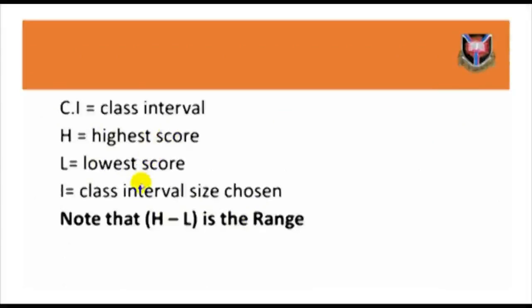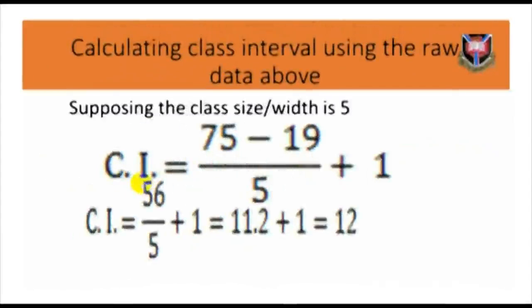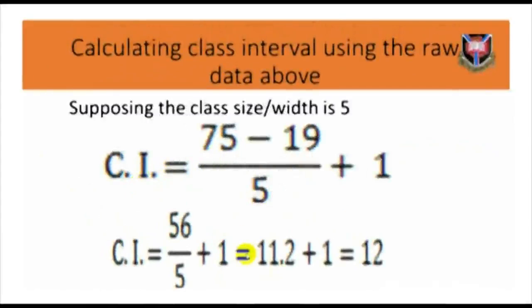For the case under study, we have Ci equals (75 minus 19) over 5, plus 1. That will give us 56 over 5 plus 1, which is equal to 11.2 plus 1. Thus, the class interval is 12.